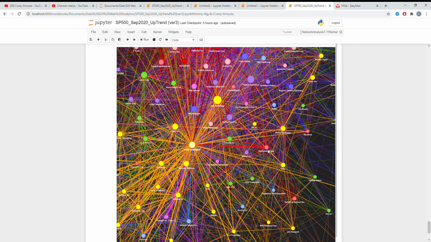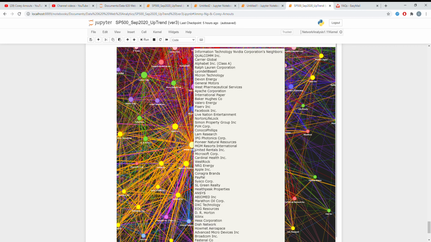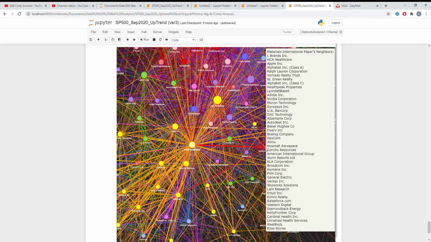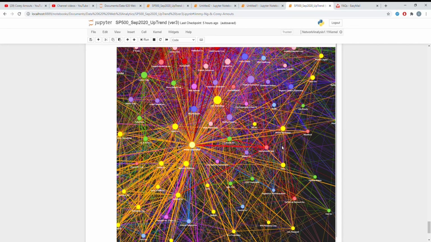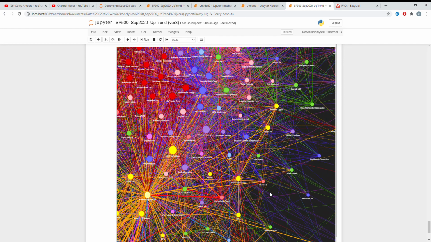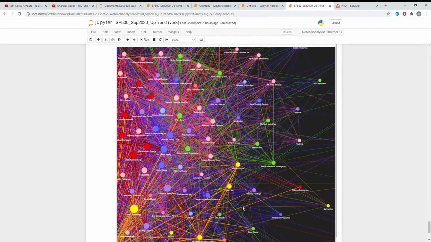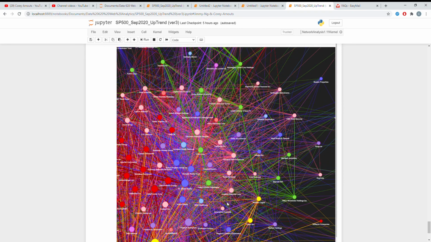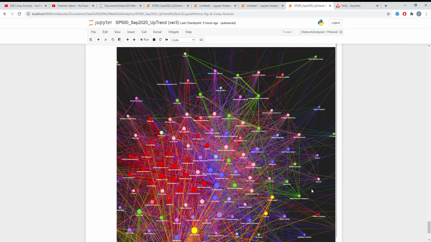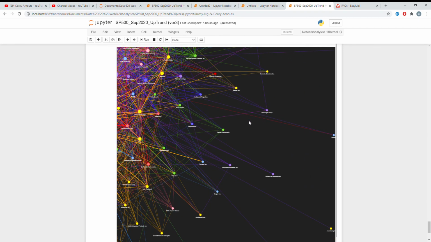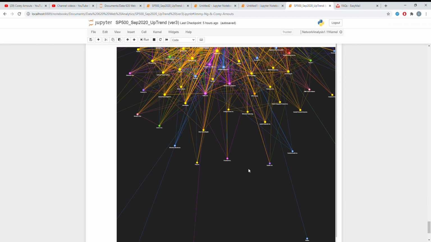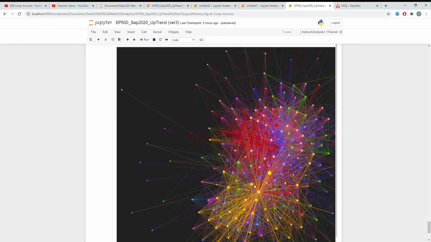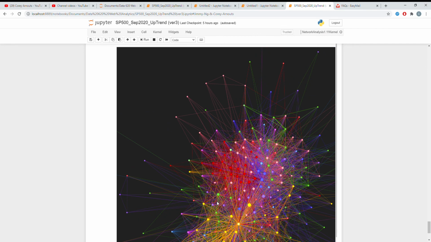NVIDIA and International Paper, I would have never thought, but it might just be because they're both suppliers for a lot of the same companies, and that's why they pop out so close to each other. So you just see all these patterns emerging and who's connected to who, and you could start to build a portfolio based off some of these things and avoid picking too many things that are heavily correlated.